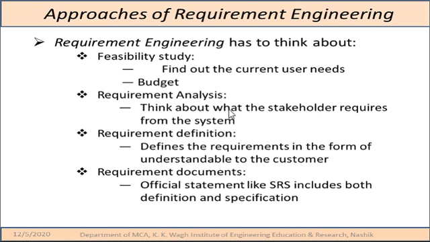Then you define that in an understandable representation, and then go for the documentation, which is called the SRS. It includes both the definition and the specifications of the system.